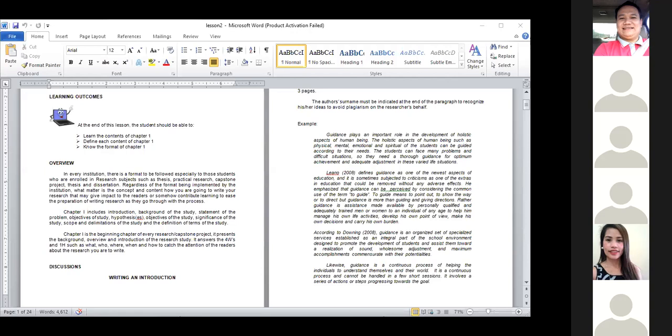So the format is the same, guys. Sometimes the definition of terms is placed in chapter 2. Here in our WCC, the definition of terms is placed in chapter 1. So it varies. The important thing, guys, is that you know the concept and you know how to write it properly. That's the essence of having a discussion for the day.